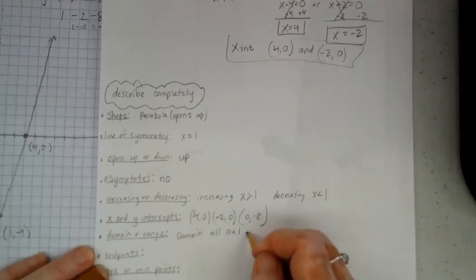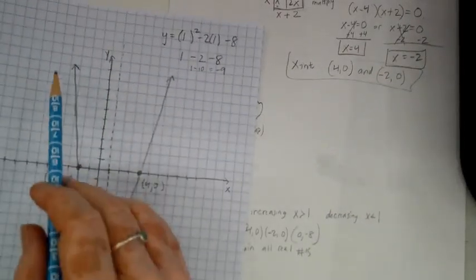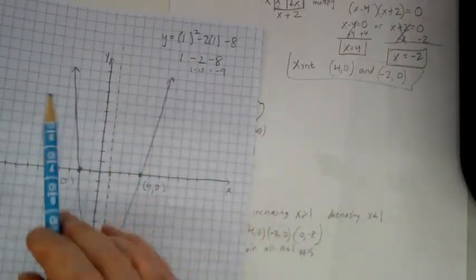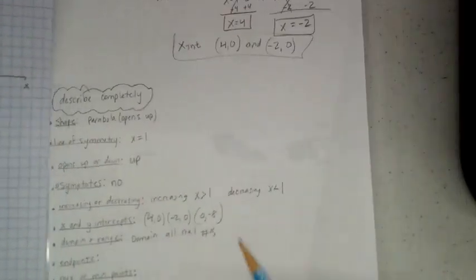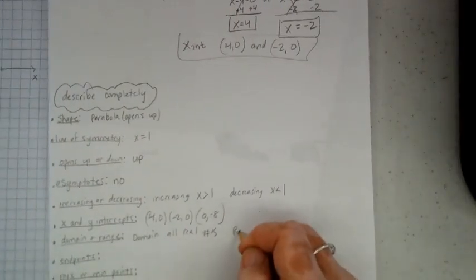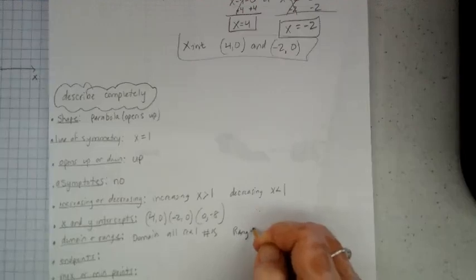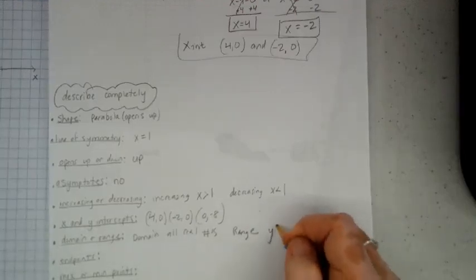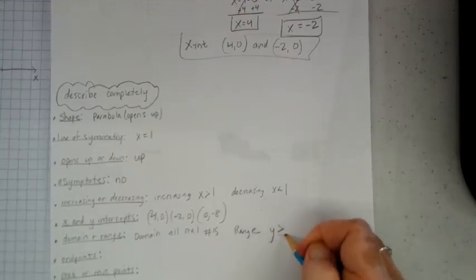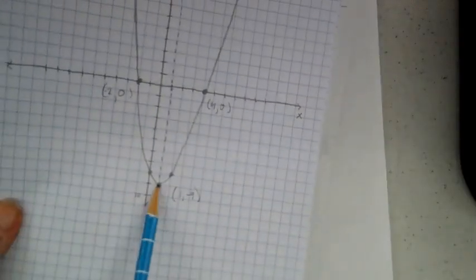And I can tell that it's all real numbers because I just look and these have arrows and they go out to the sides, so I know. And then the range is that y is greater than or equal to negative 9, which is the lowest point.